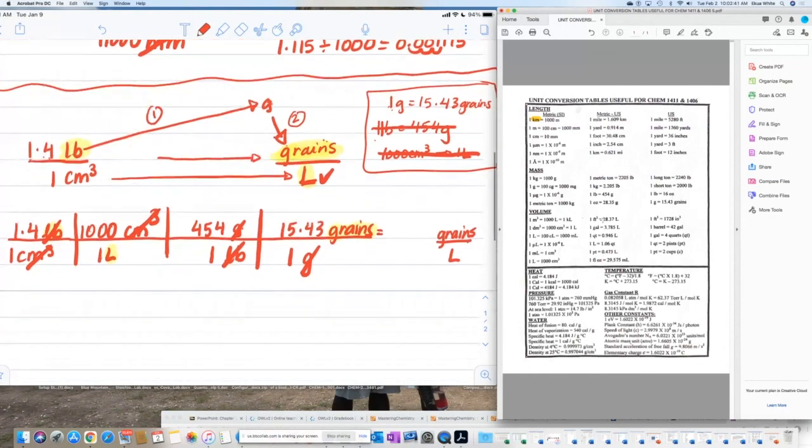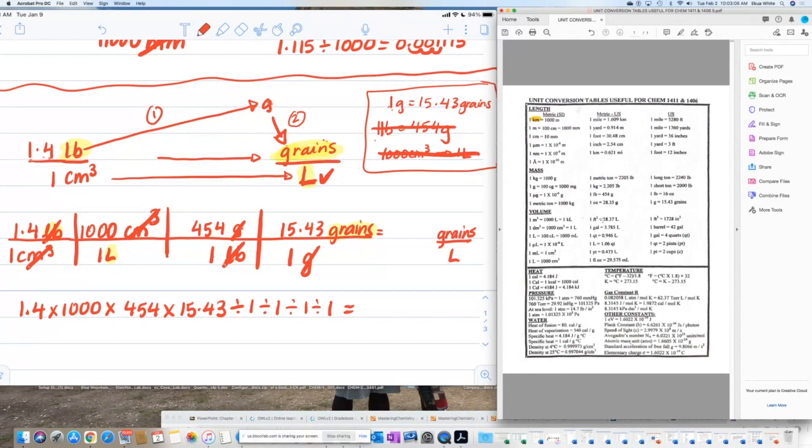So now my math, I have to multiply everything on top. 1.4 times 1,000 times 454 times 15.43. Okay, now you can divide by the bottom numbers. Divide by 1, divide by 1, divide by 1, divide by 1. It will be the same answer.